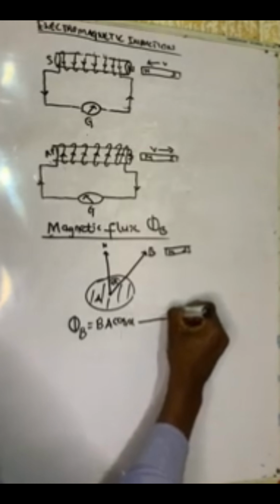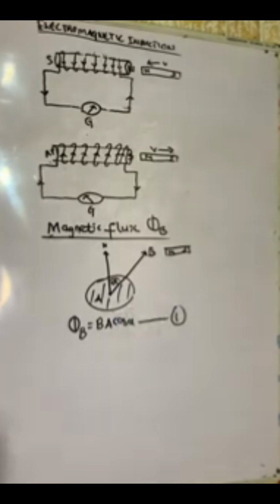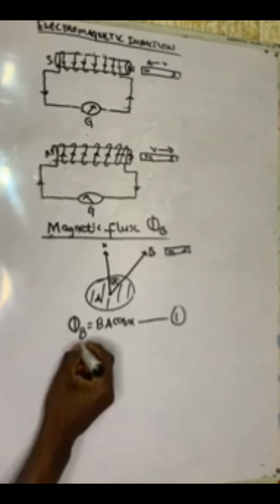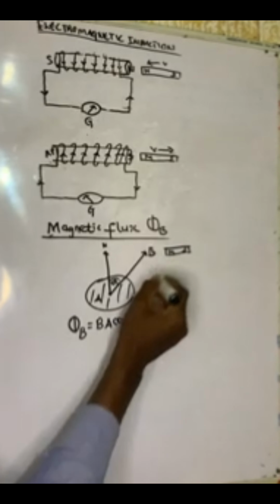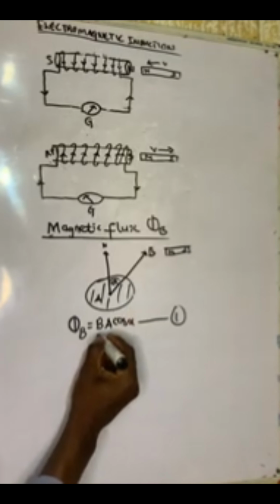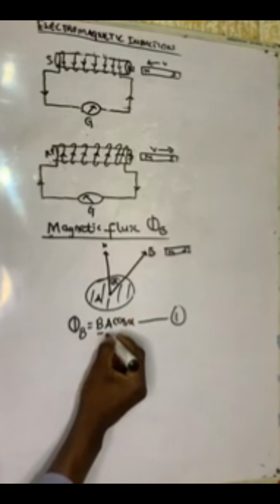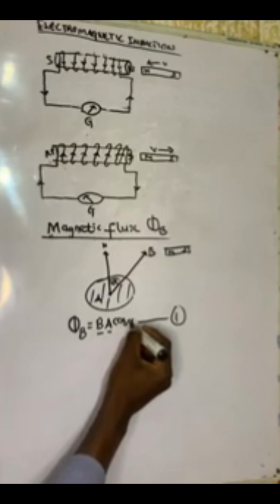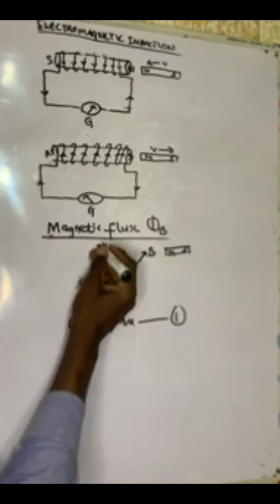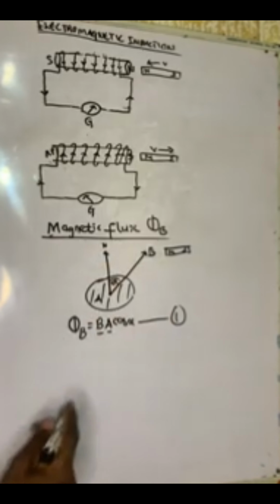So we can see that the magnetic flux produced by the bar magnet is dependent on the magnetic field. It is also dependent on the surface area of the conductor, as well as the angle between the magnetic field and the normal of the conductor.